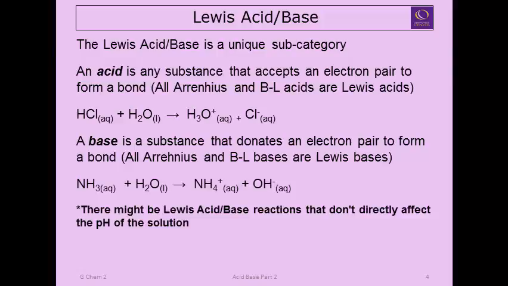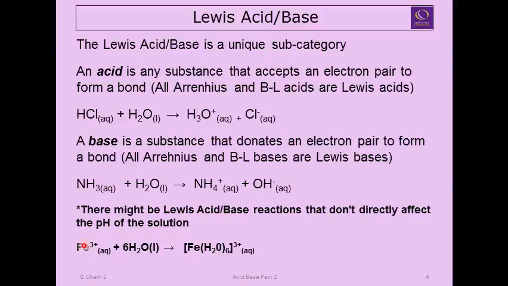And here's another example where this doesn't directly affect the pH of the solution. If you take an iron 3 plus ion, it is ready to accept electrons. The lone pair of electrons in the water actually coordinate to the iron, 6 of them in fact. And so in this definition, the electron donor is the water. That makes it a base.